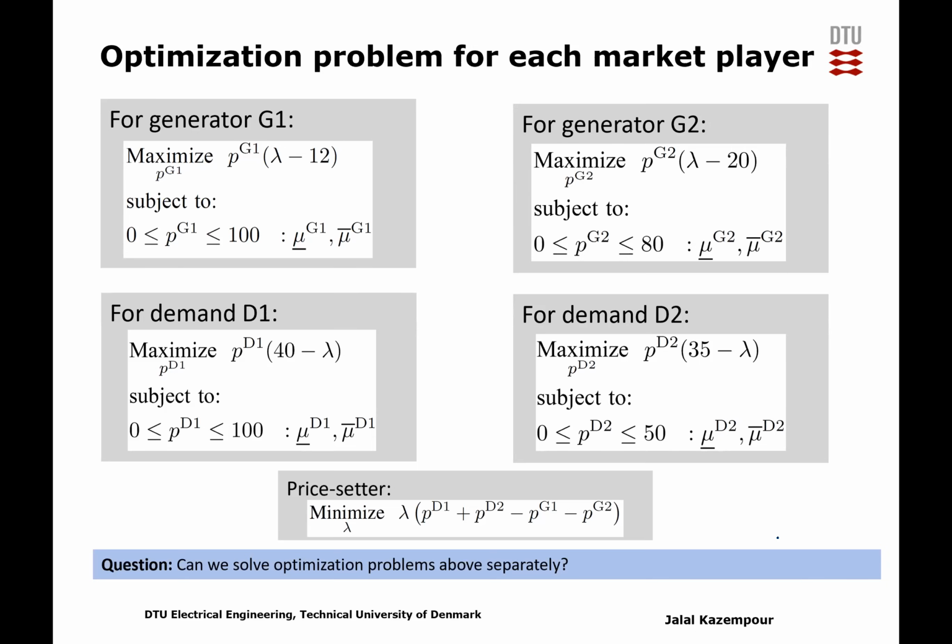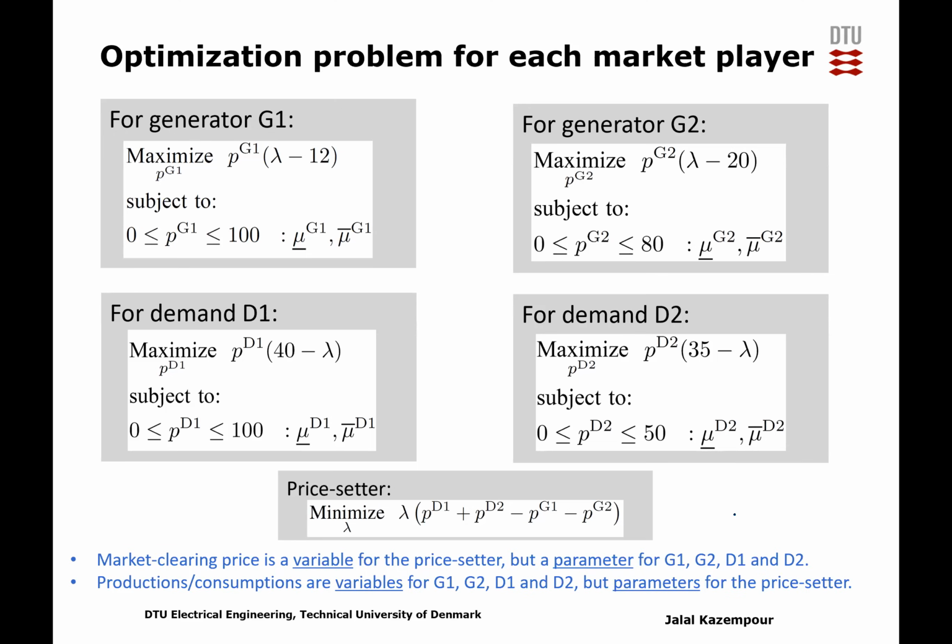Nuran, you mean they are interdependent. No, we cannot solve them separately because they are connected. They are linked. How are they linked? Because lambda in four optimization problems is a parameter, while it's a variable for the fifth optimization problem.